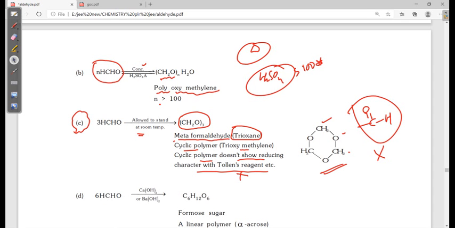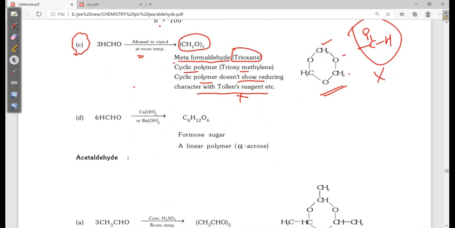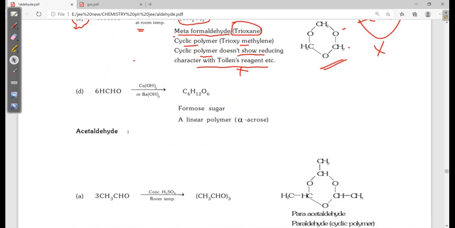Now, when does this happen? Suppose you take a little basic medium: 6 moles of formaldehyde form formose sugar. Formose sugar is nothing but C6H12O6, a glucose type, though we cannot say it's glucose.